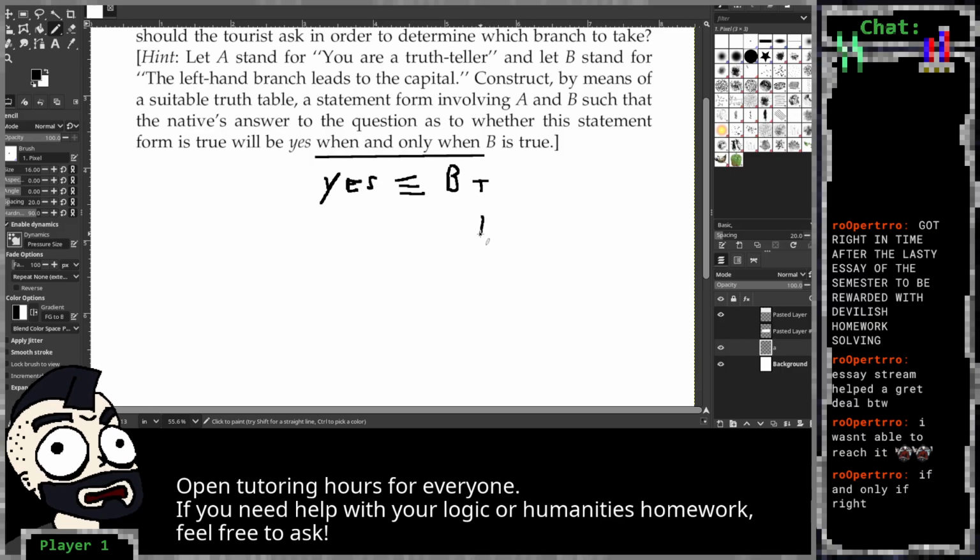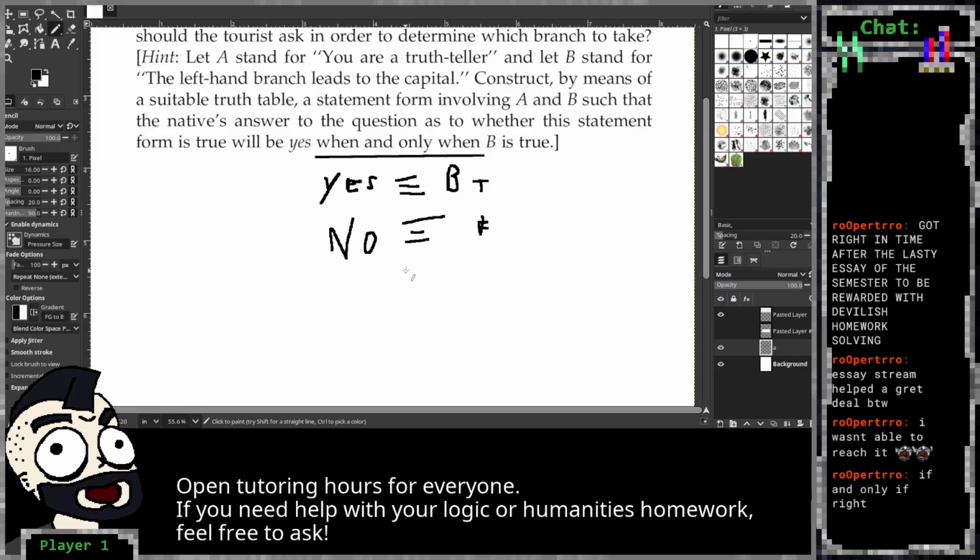That way, if B is false, we get a no. So that is how the answer is going to look like.